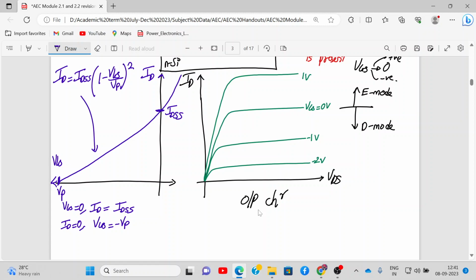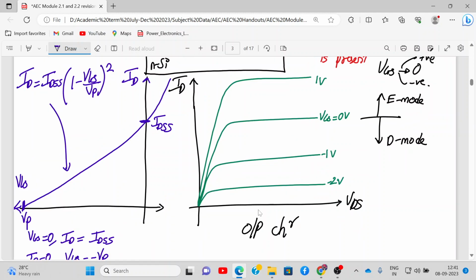That's why you got these two points. So this is for depletion type MOSFET. VGS goes to positive values also and to negative values also. This comes from here only; it's an extrapolation of these curves. Are you following? From here only we get it.